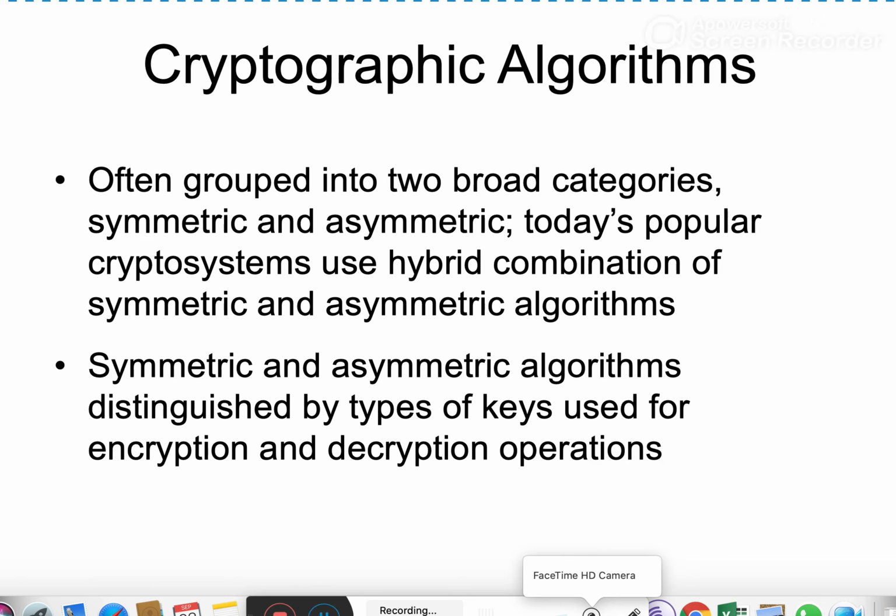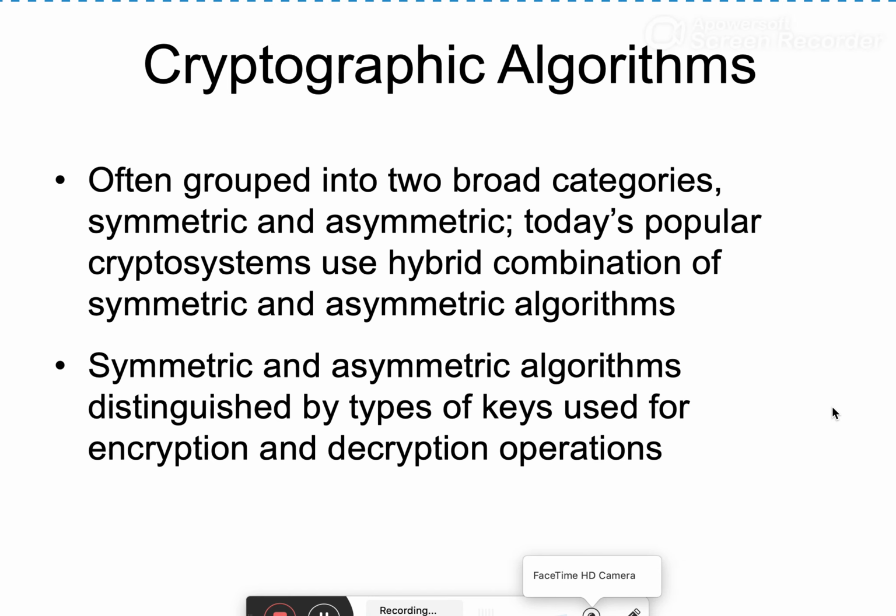Cryptographic algorithms can be grouped into two broad categories: symmetric and asymmetric algorithms. How can we distinguish between symmetric and asymmetric algorithms? We distinguish them based on the type of key that is used for encryption and decryption operations.